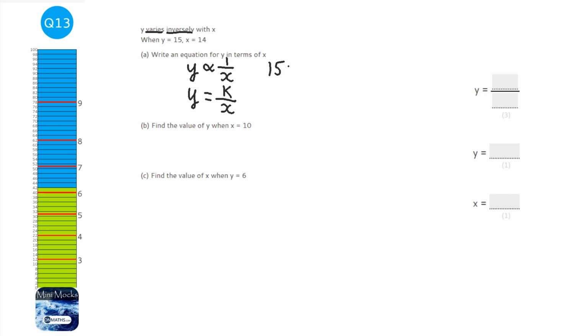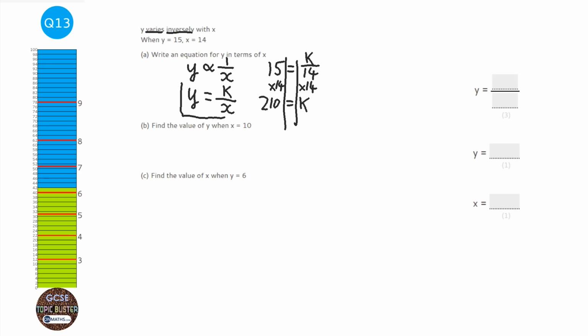So 15 equals k over 14, and we times both sides by 14 to get k equals 15 times 14, which is 210. So the formula will be y equals 210, which is the value of k, over x.